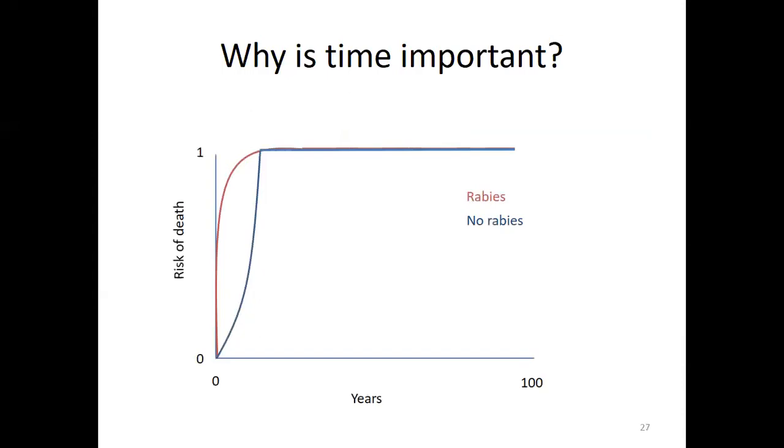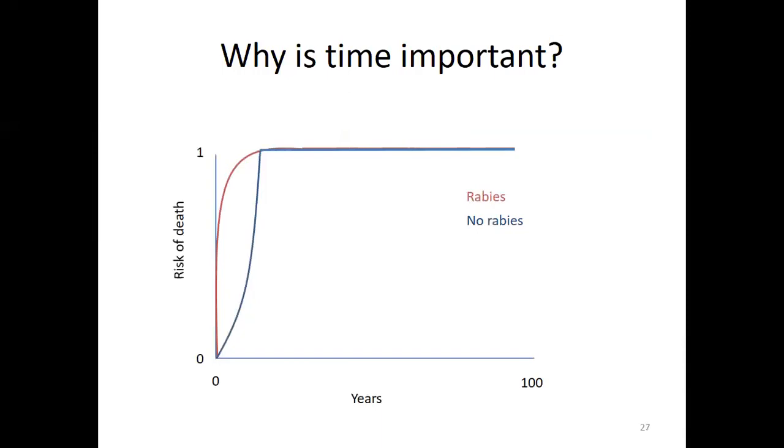So 100 years from now, highly unlikely that any of us in this room will still be alive, right? So whether or not we're infected with rabies, death rate will be 100%, right? Whereas, if someone gets infected with rabies, the 6-month risk is going to be hugely different, right?